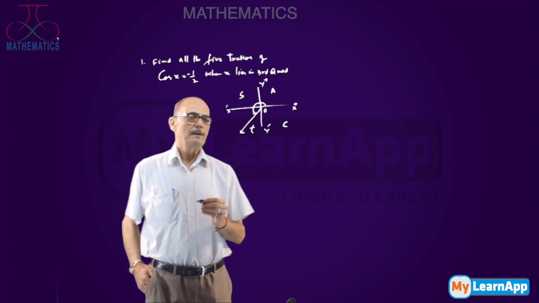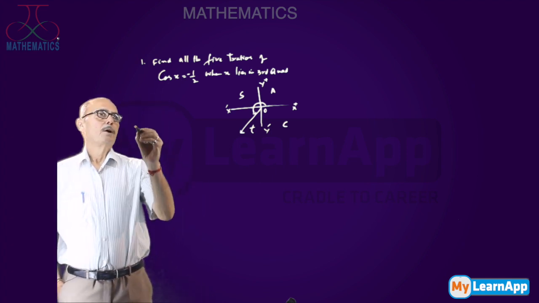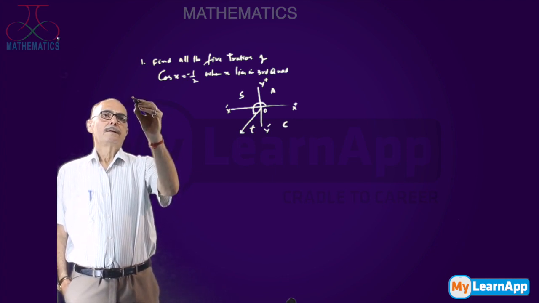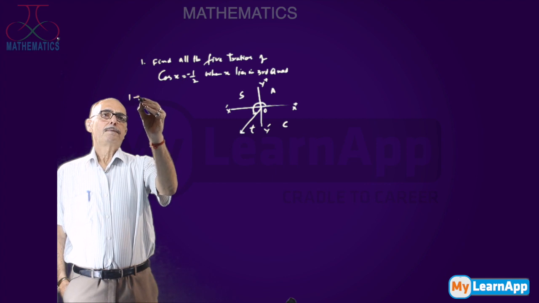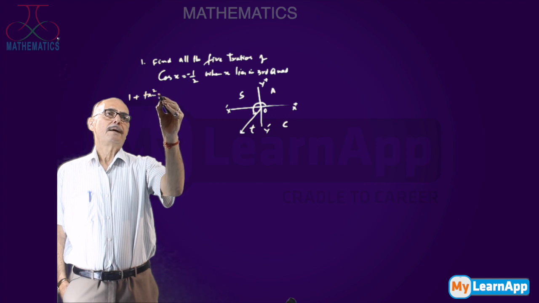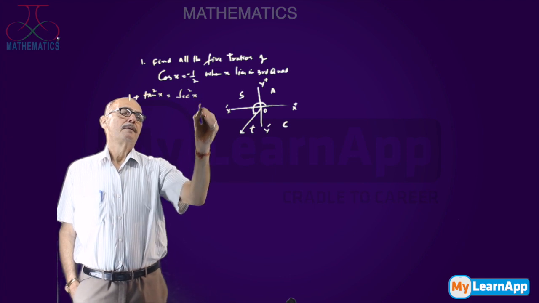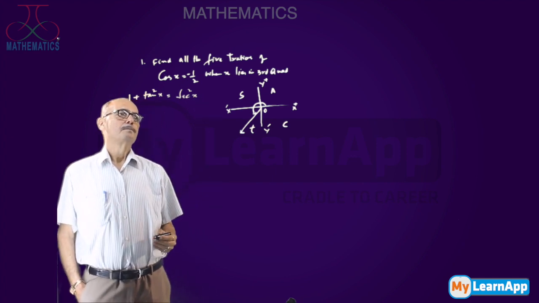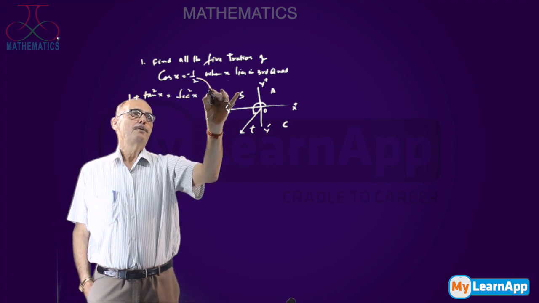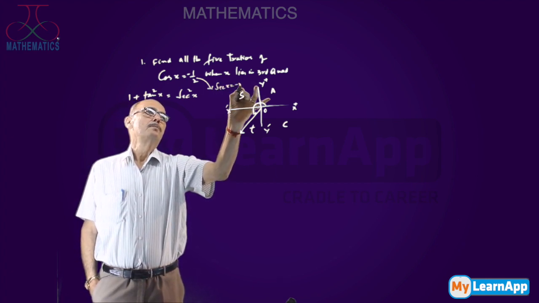So, there are two approaches for this. First approach is we can make use of the formula 1 plus tan square x equal to secant square x. Now, if cos is minus 1 by 2, so from here we have secant x equal to minus 2.